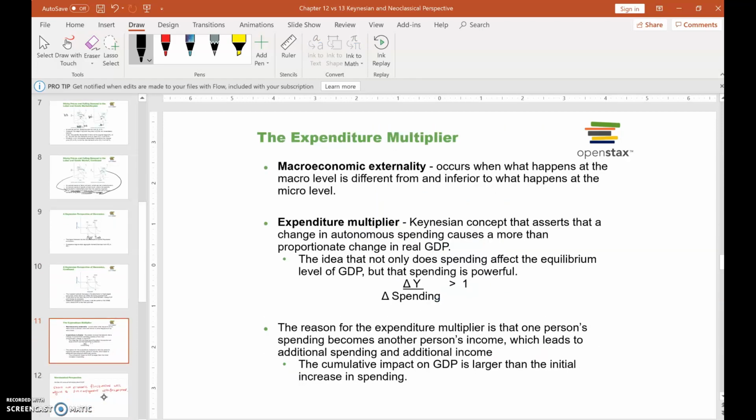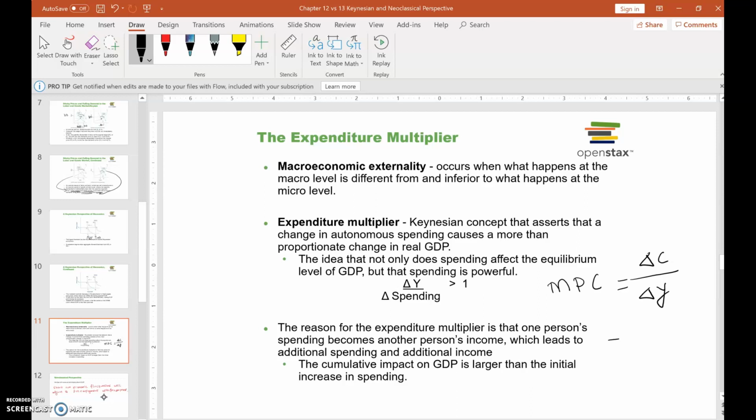Now there is another factor we need to look at here, which is the expenditure multiplier. It says if government spending increases by 1, the aggregate demand is going to increase by more than the increase in government spending. So we have a concept of marginal propensity to consume, and this is equal to change in consumption over change in income.